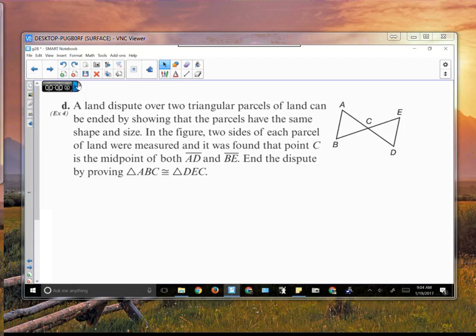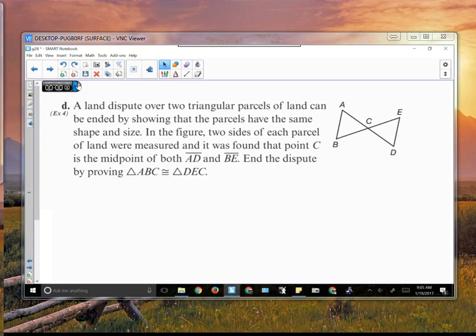So if BE has been cut into two equal pieces, Cameron, what two things are the same? If I cut BE in half at C, what two things are the same? You said C and E and what again? Nope.